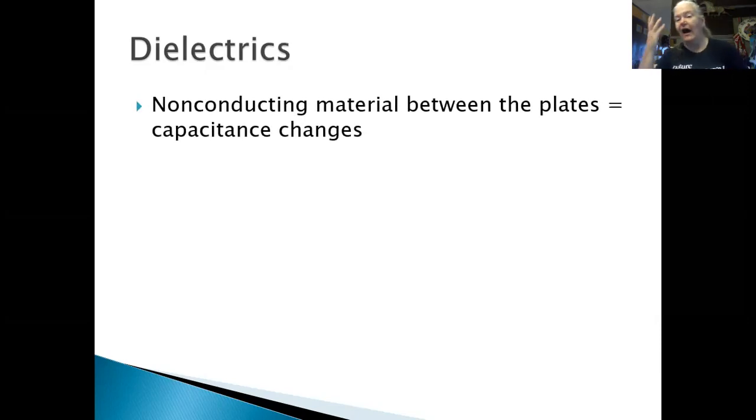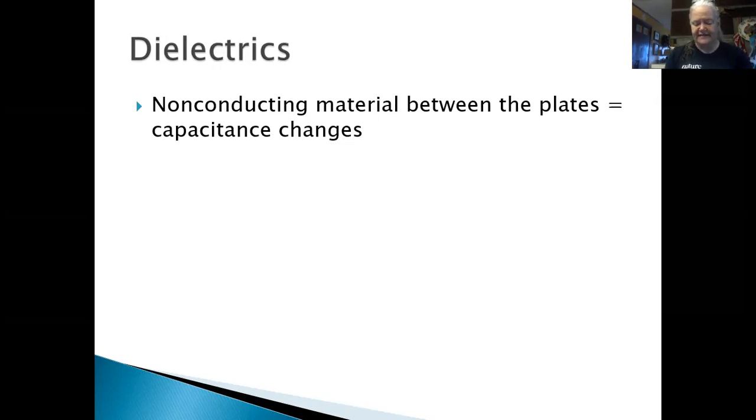Dielectrics are insulating materials, and they basically weaken the electric field, or they kill it off. It dies, dielectric. Okay, so it's some kind of non-conducting material. It can be a lot of different things. Water will work up to a point, glass, Teflon. There's all different kinds of materials you can put in there.